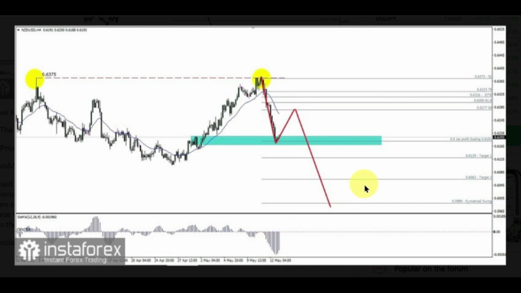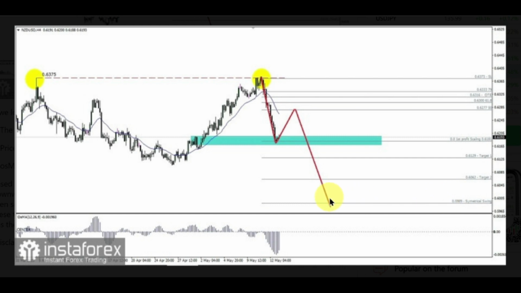Based on these three things, it seems like the Kiwi in the nearest future has the potential to go downward to the level of 0.6129 as the main target, and the area of 0.6062 or 0.5989 as the second target.